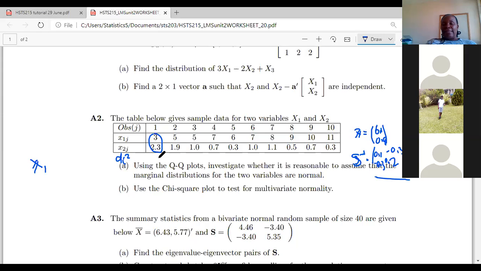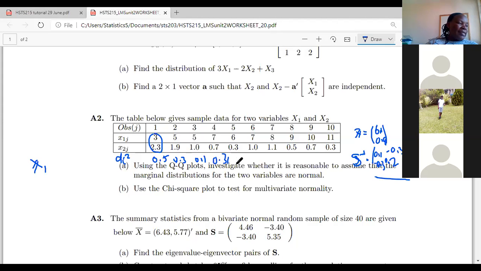Now my di squared values; these are squares, so you expect them not to be negative. Say I'm just giving values 0.5, 0.3, 0.1, 0.3, 1, and so on.